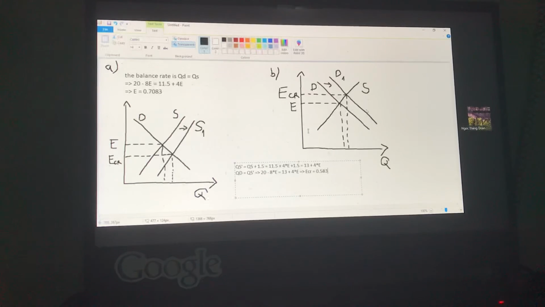So we have the central rate of 0.71, and it is greater than the market rate, right? The market rate is the one you computed here, 0.7083. So the central rate is greater than the market rate, so there is an excess in the supply.